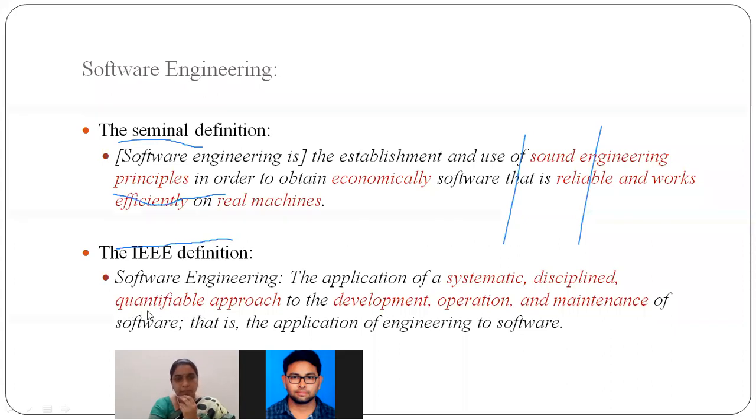Quantifiable in the sense that you will be able to measure whether the finally developed product is a quality product or not. All these approaches need to be followed while developing, operating and maintaining your software. So this is the IEEE definition we saw yesterday.